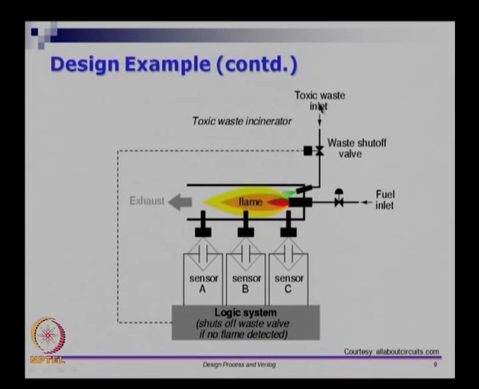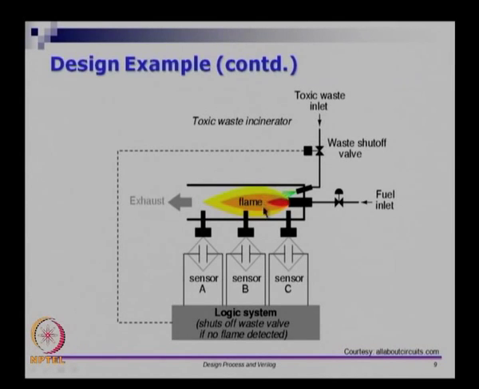So, you do not want a mechanical valve to continuously dump this medical waste without checking what is happening within this incineration chamber. So, I am going to put three sensors A, B and C. They are going to verify whether there is a flame or not. As long as there is a flame, things will get burnt and the valve can remain open. But if there is no flame, then I want to shut off this valve.